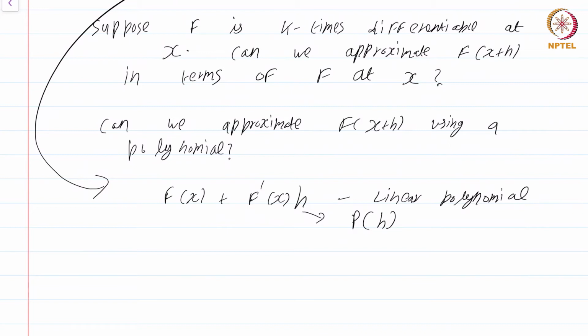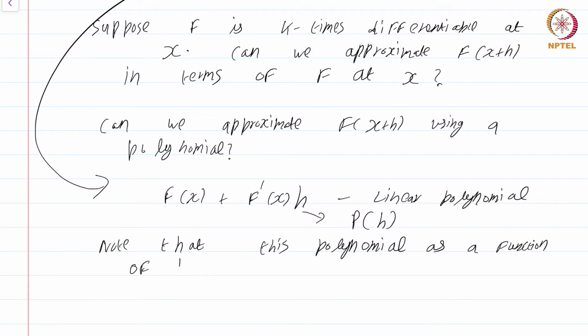x has been fixed. Note that this polynomial as a function of h agrees with f of x plus h, treated again as a function of h, at h equal to 0.